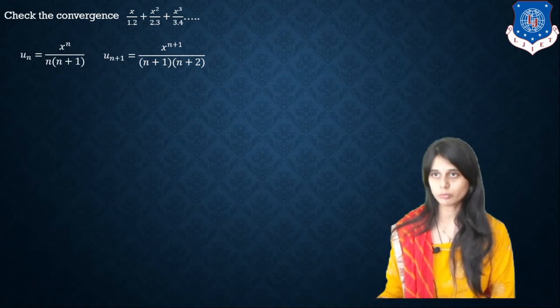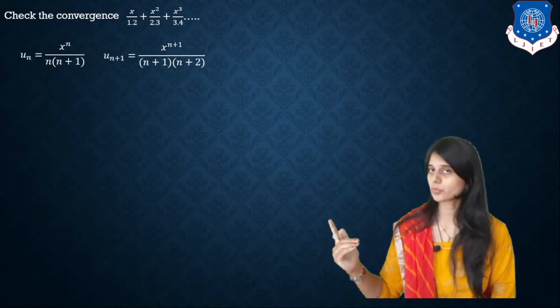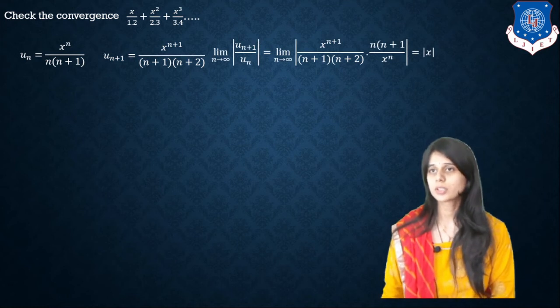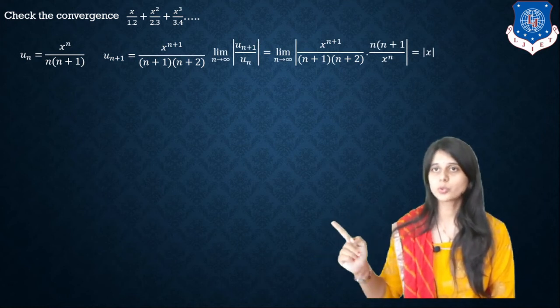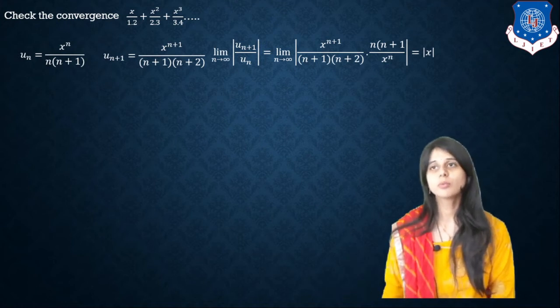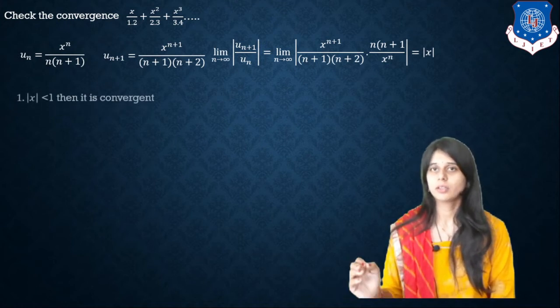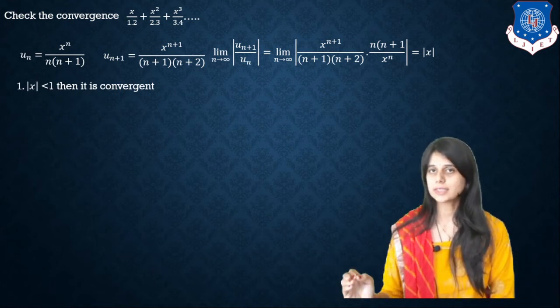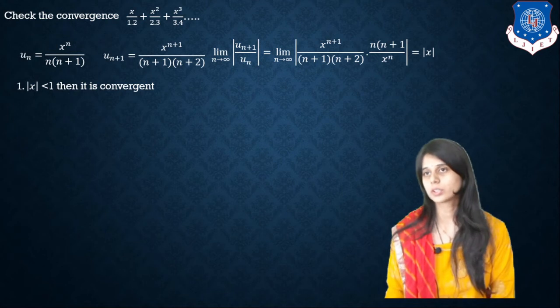So un plus 1 equals x raised to n plus 1 upon n plus 1 into n plus 2. Applying the ratio test, limit as n tends to infinity of modulus un plus 1 upon un, we get the limit mod of x. Now, as per the ratio test, if mod x is less than 1, then it is convergent.